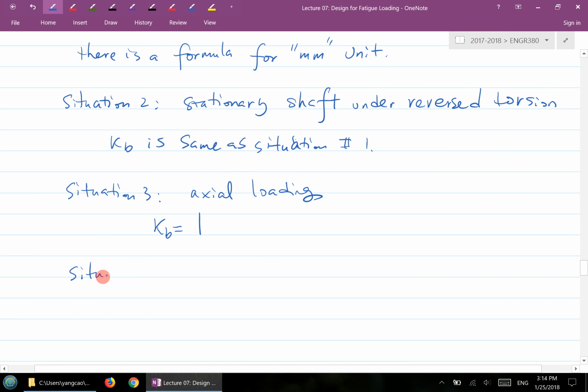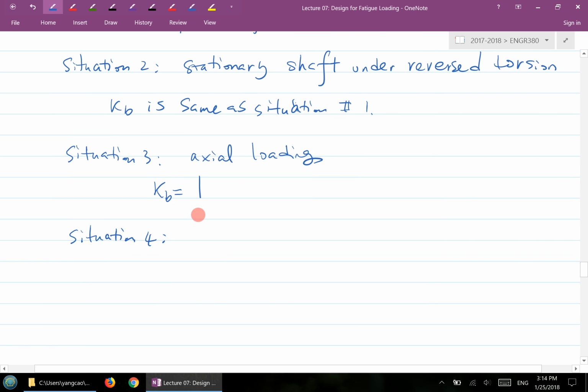And then there's another situation, number 4. It's a stationary shaft. Maybe it's circular or rectangular.